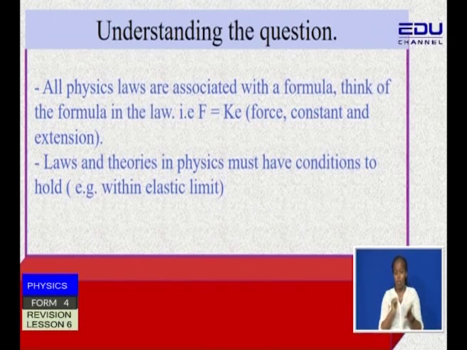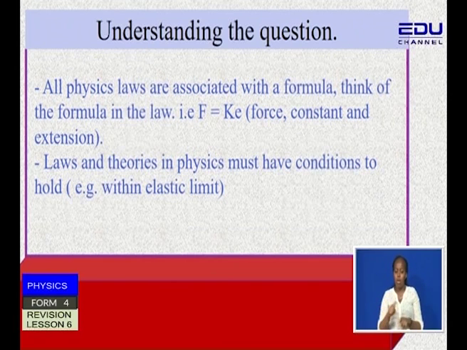So as I've told you, all physics questions involving laws connect more than 2 variables. So you must understand which variables are included in that law. You must also ask yourself another question: what are the conditions in a law?